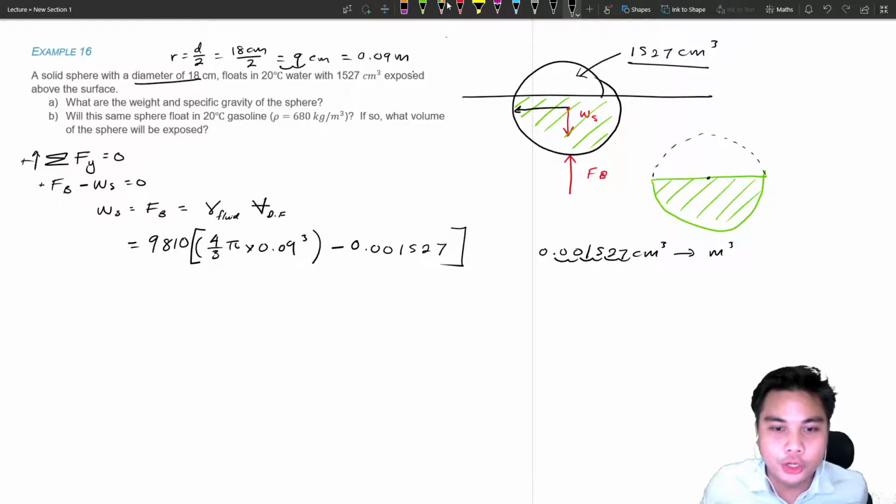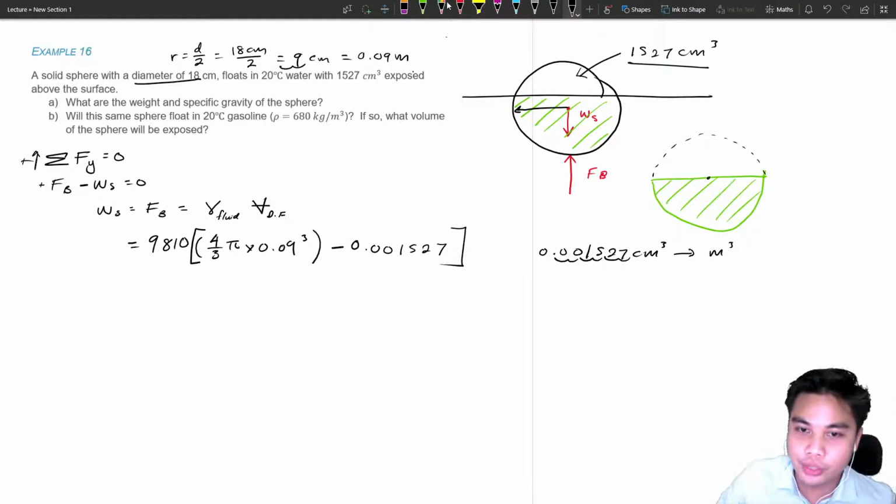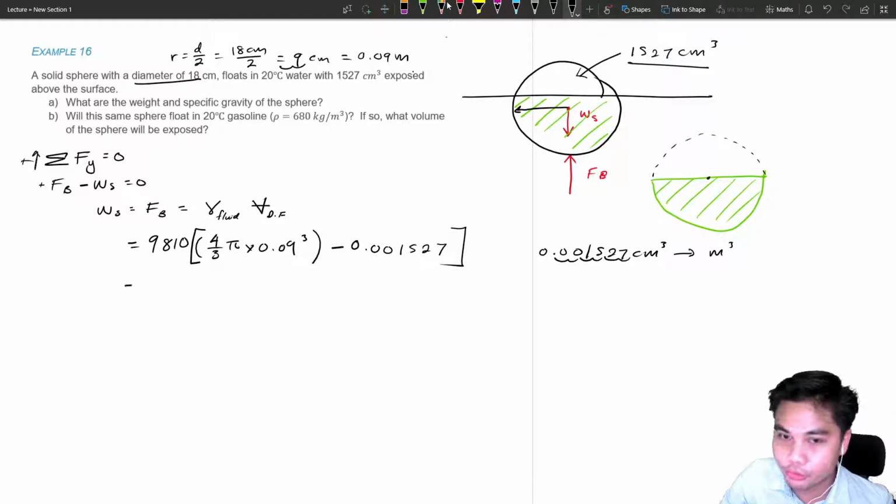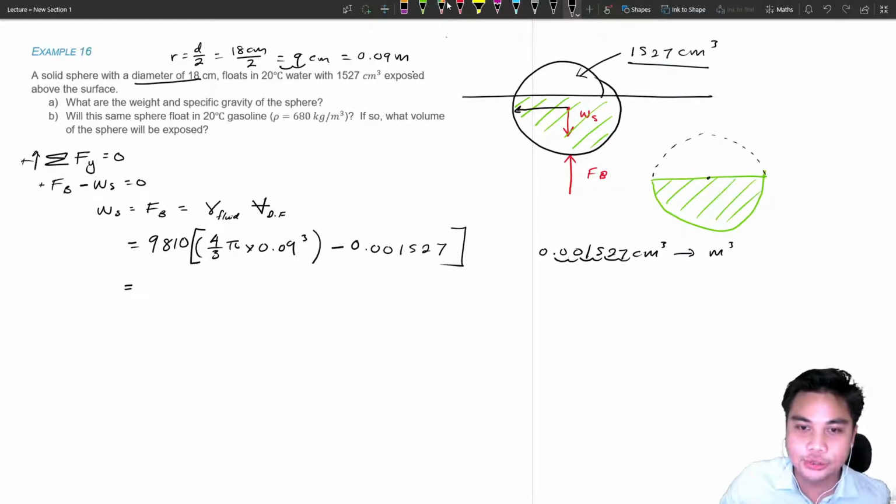This is the volume you are going to calculate, and you will get your answer to be 14.911 Newton.